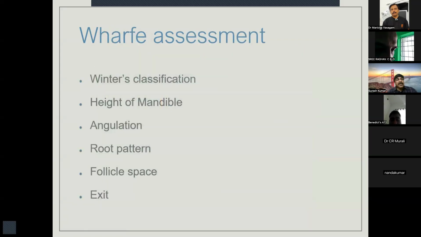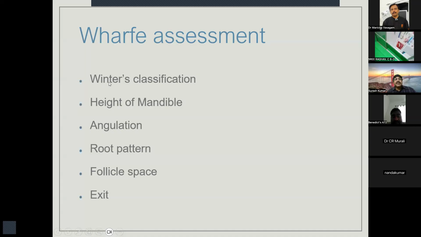What else helps in assessing the difficulty index? We also have something called the WARFI assessment. Each alphabet in the name WARFI says a different thing: W for Winter's classification, H for height of mandible, angulation, root pattern, follicular space, and then exit pathway.